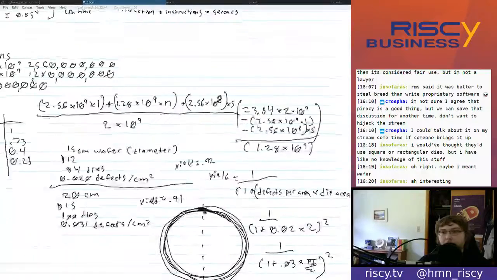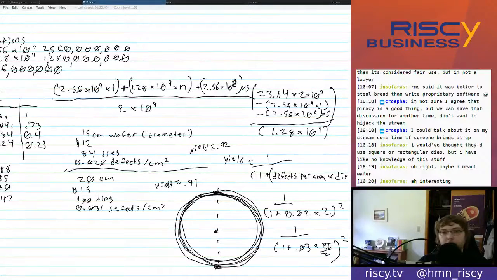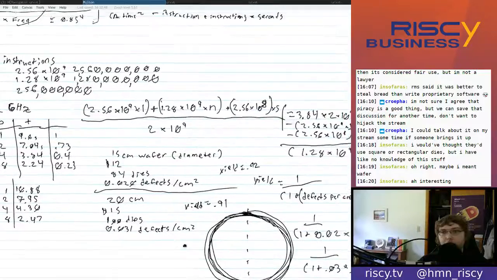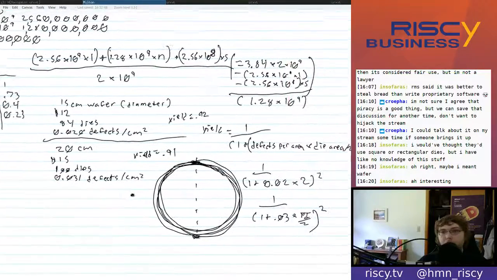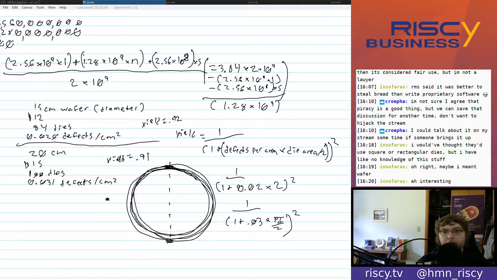So if we have 12 space bucks divided by 84 times 0.92. 12 divided by 84 times 0.92. So that gives me 0.155.